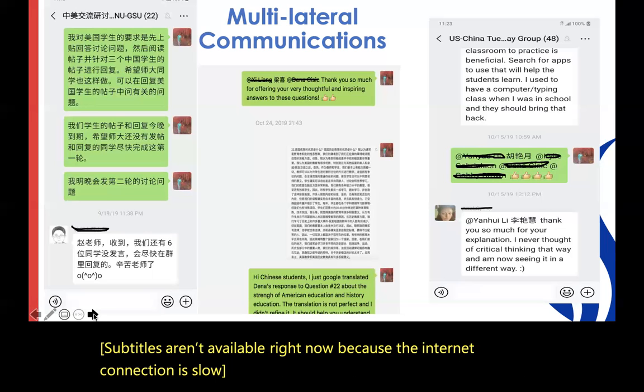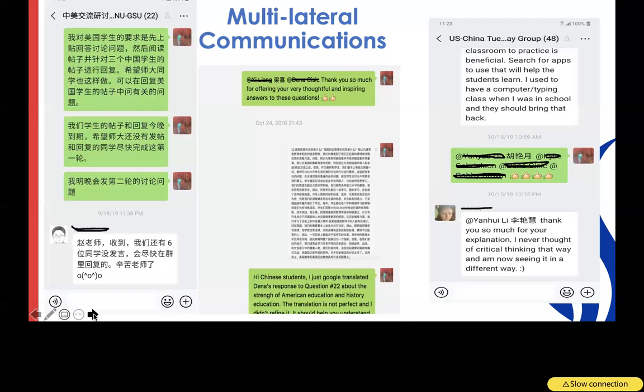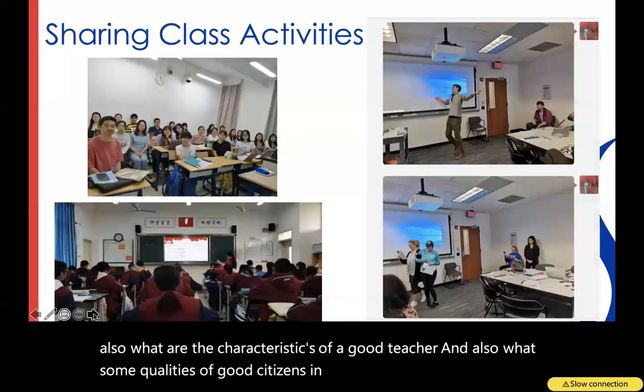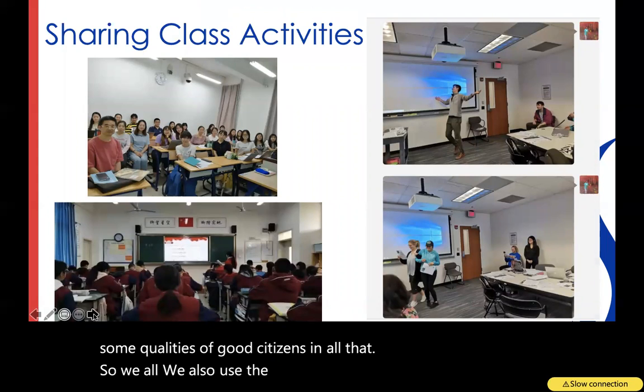And they talked about a lot of topics, and they really enjoyed having this kind of dialogue about many common issues, like what is the goal of education, and what are the characteristics of a good teacher, and what are some qualities of good citizens, and all that. So we also use the platforms to share our classroom activities, right?